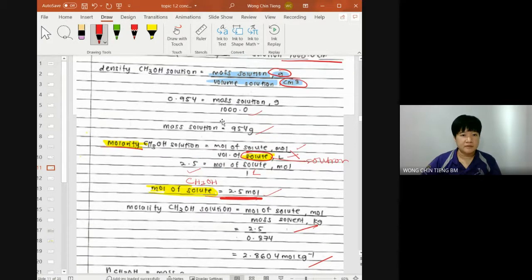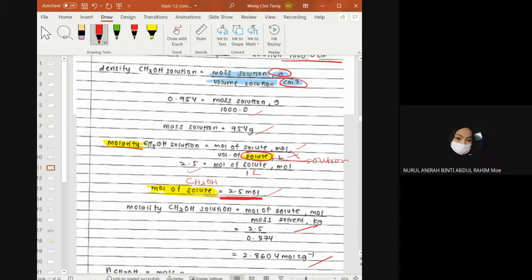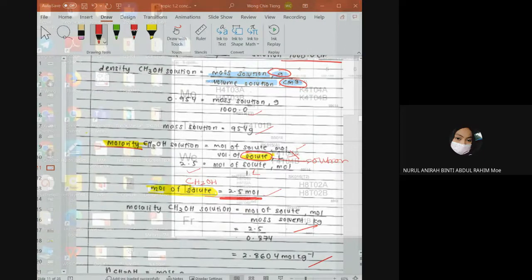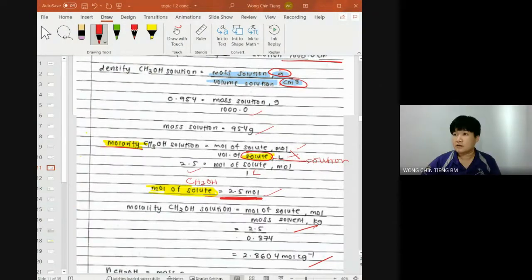Anira, saya akan check jawapan kamu. Ada orang assume lain daripada kawan kamu? Dia tak patut dapat lain. Dia patut dapat sama je.